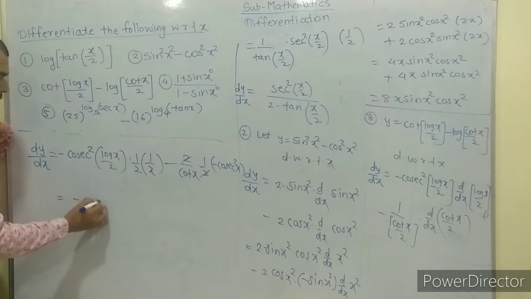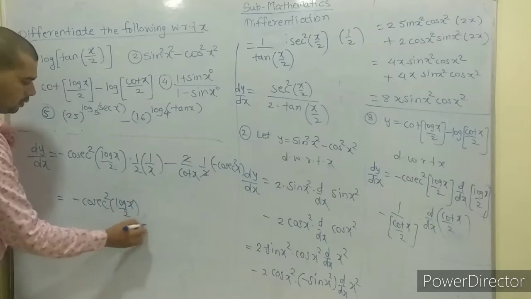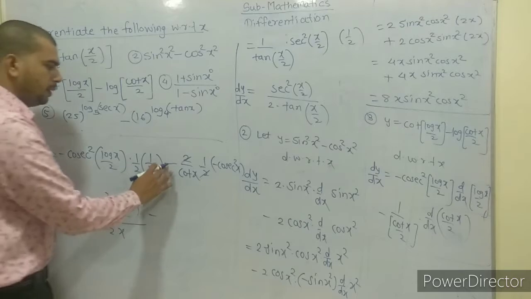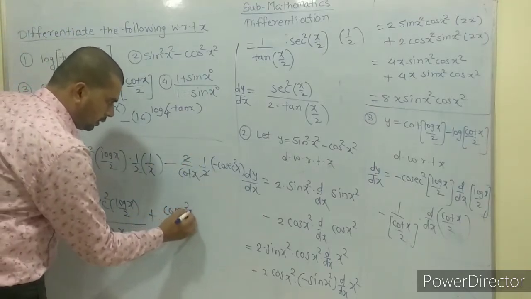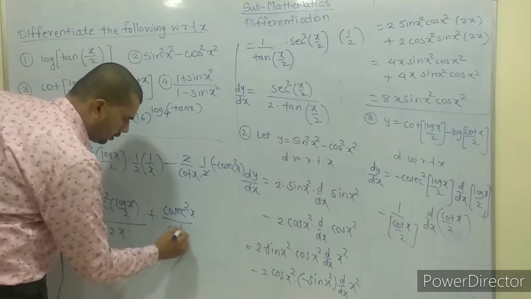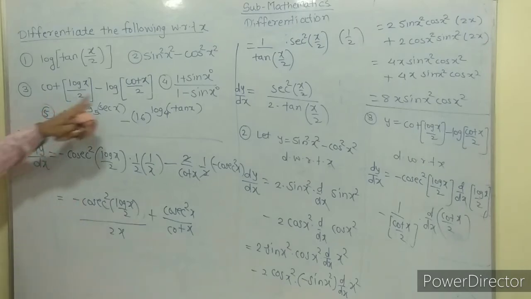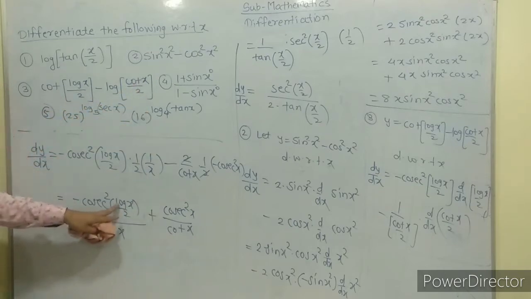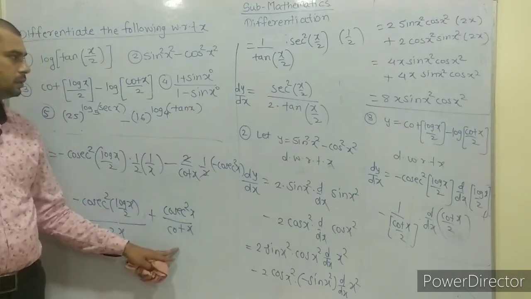Minus cosec square log x upon 2 divided by 2x, minus into minus plus cosec square x upon cot x. So our answer is, derivative of cot log x by 2 minus log cot x by 2 is minus cosec square log x by 2 upon 2x plus cosec square x upon cot x.